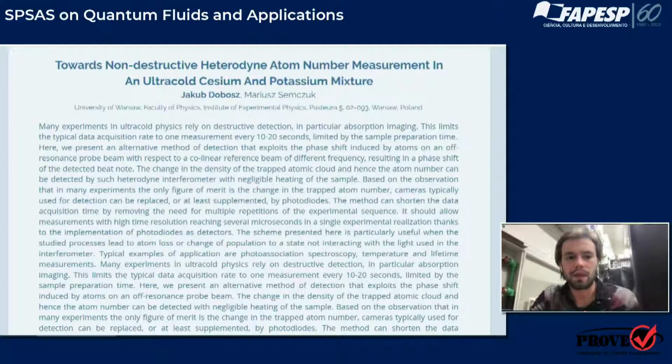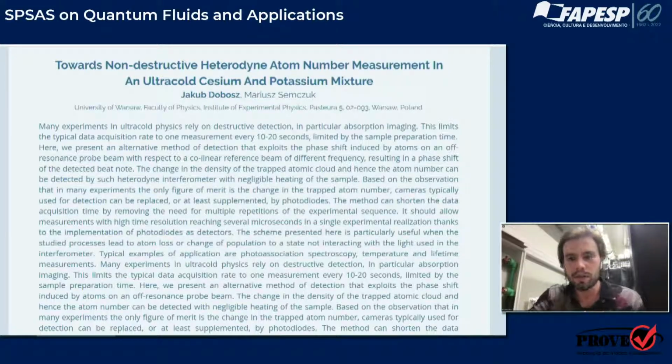Okay, thank you. So in my work, I'm planning to build, or actually I built, and I'm planning to implement further, an interferometer. This is a heterodyne interferometer, which means that it detects the phase not between two beams of light coming from the same laser, but between two beams of light that have a slightly different frequency.